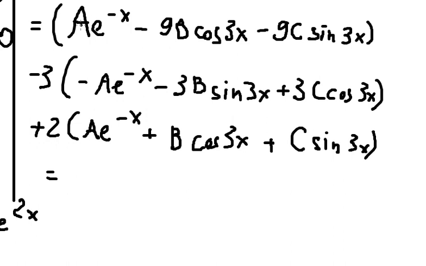So positive 1a, positive 3a and 2a, and we have 6a e to the power of negative s. This one we simplified, and we have 2b cosine 3s.